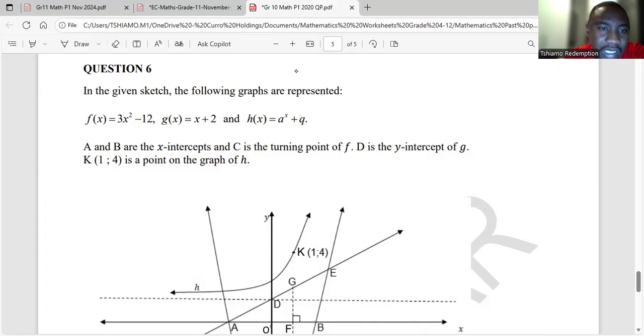A and B are the x-intercepts, so already there we've got important information: at x-intercepts, the value of y is 0. C is the turning point of the parabola, and D is the y-intercept, underline that, meaning x is 0 there. K is 1 and 4 is a point on the graph of h, which is the exponential.